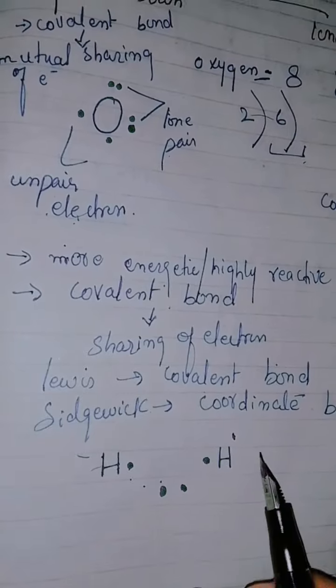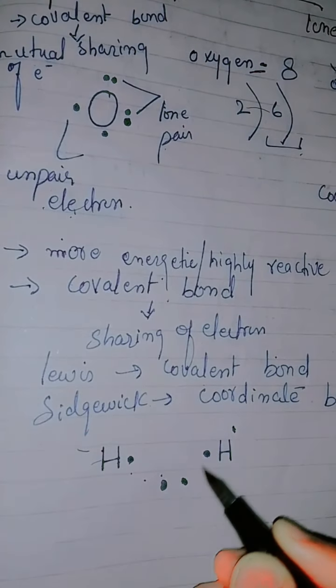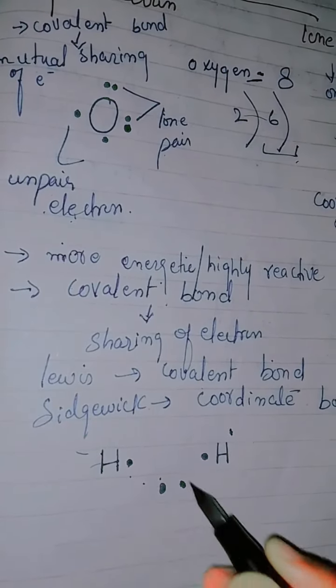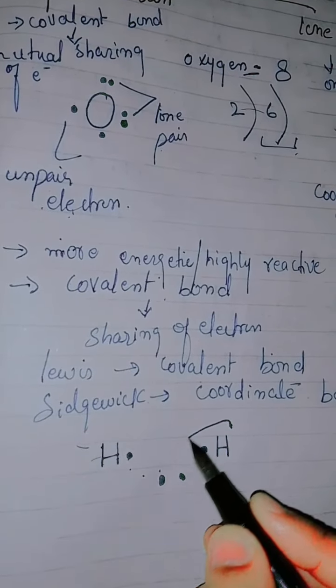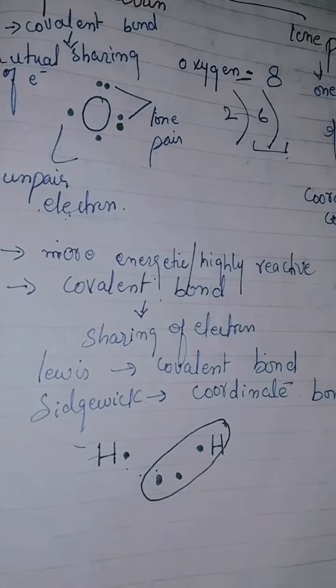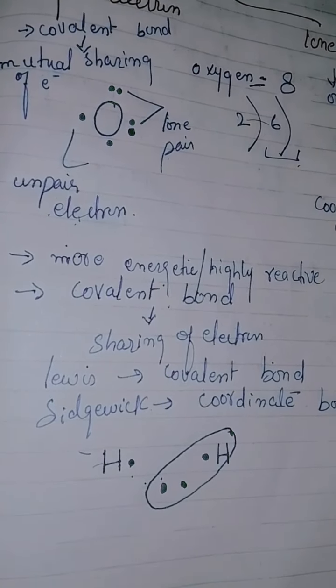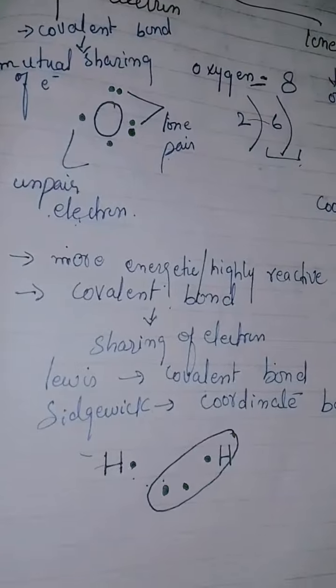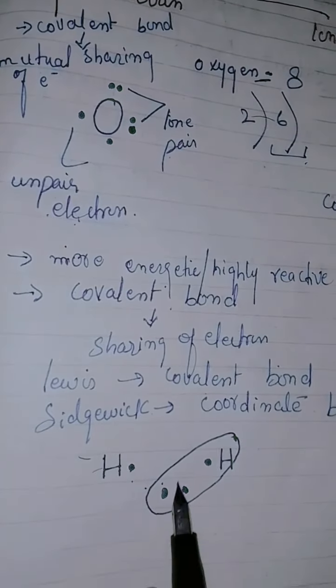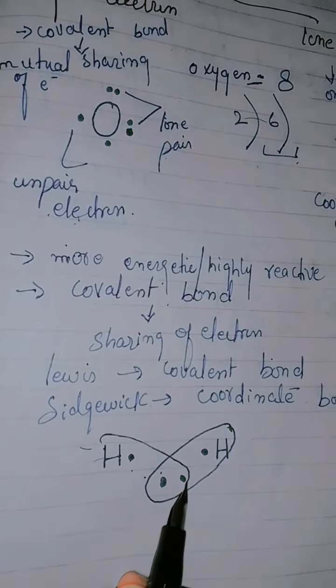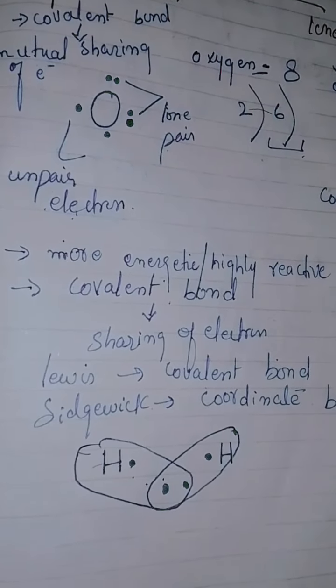Due to the nuclear force, hydrogen will attract the shared pair of electrons. Same here, hydrogen loses its electron, gets a positive charge, and the nuclear force increases, so it will also attract the shared pair of electrons.